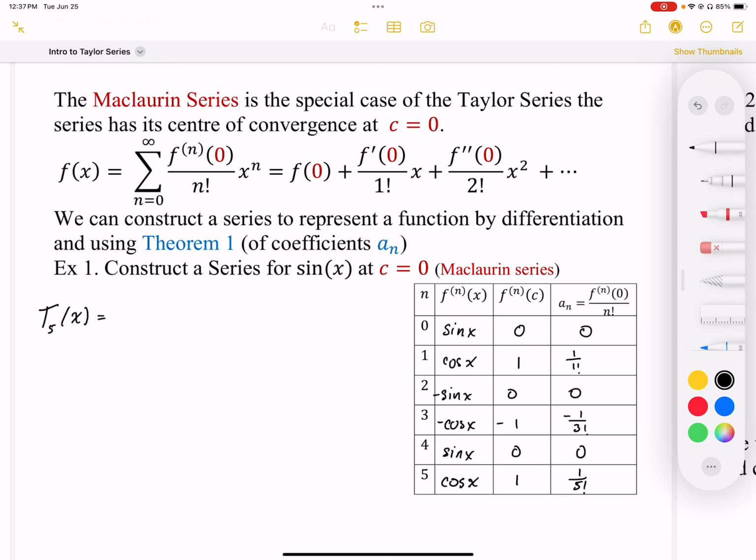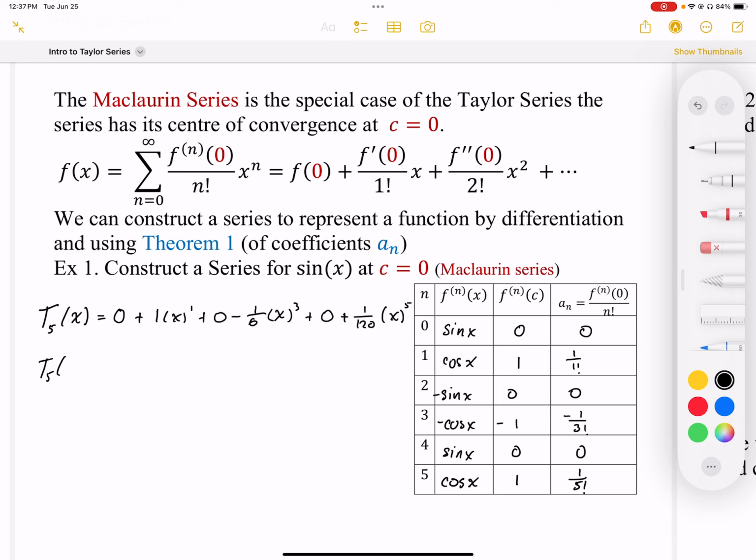So T(x) is going to be equal to 0 plus 1 x to the power 1 plus 0 plus, that's going to be minus in this case, minus 1 over 3 factorial, which is 1 over 6, the power series part of that going to be x to the power 3 plus 0 plus 1 over 5 factorial works out to be 1 over 120, and then the power series part of that going to be x to the power 5.